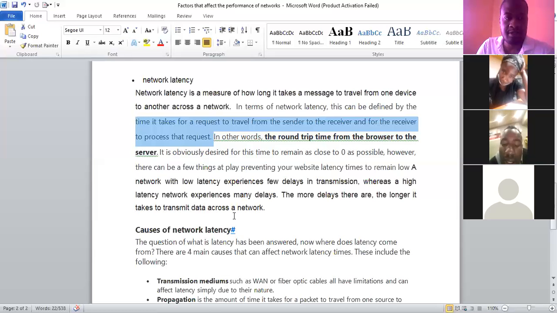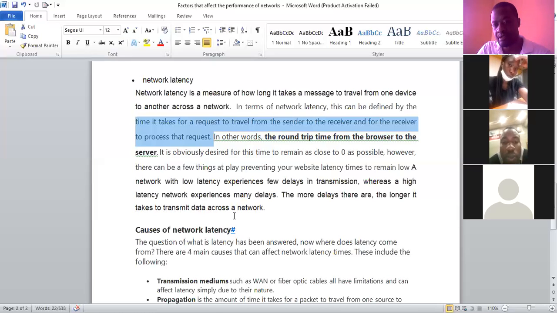Is network latency involved when I'm sending you maybe a music video through Bluetooth? So your question is, do you also experience network latency? Is that what your question is?